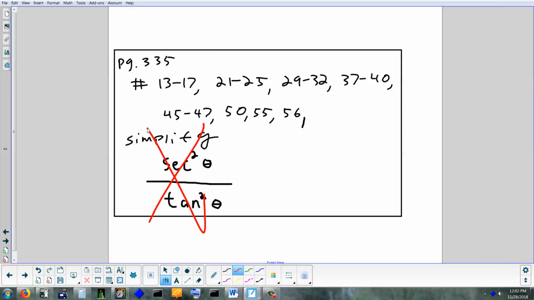All right, so 13 to 17, that should be fine. You do need a calculator for a lot of it. Like this is just like find the sine of 12, find the cosine of 17. You just have to type them in. Don't worry about number 50.